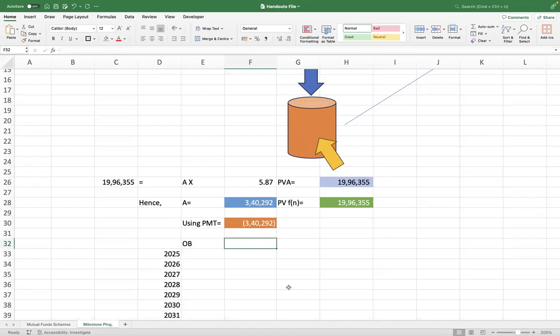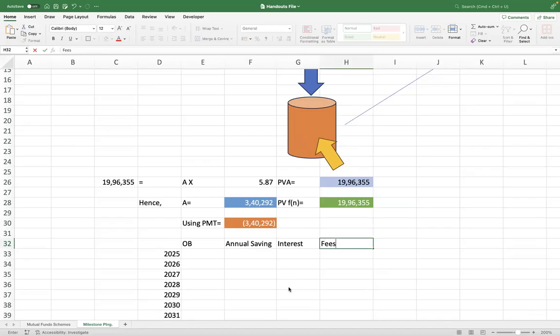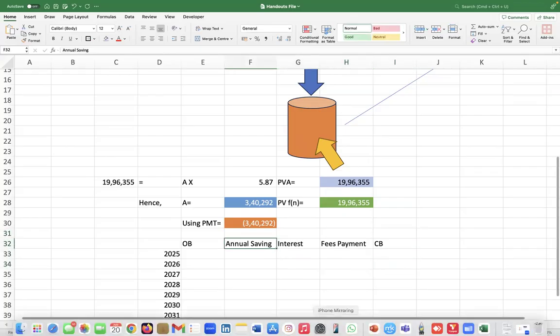So OB and then your deposit, annual deposit or annual saving मैं कहूँगा, and then finally your interest that you will earn, payment of fees, and whatever is left is your closing balance. So in my kitty, in this box, I start with what value?